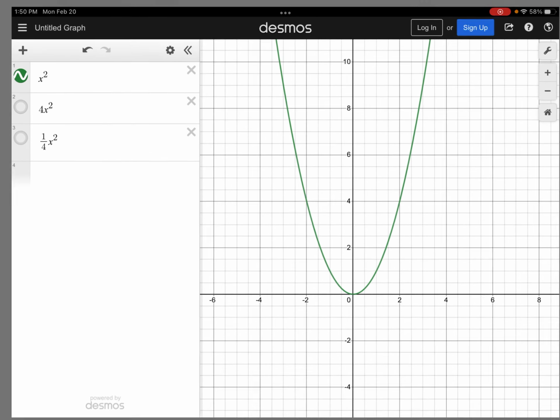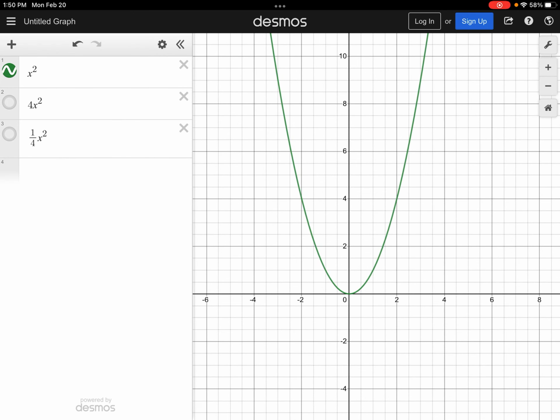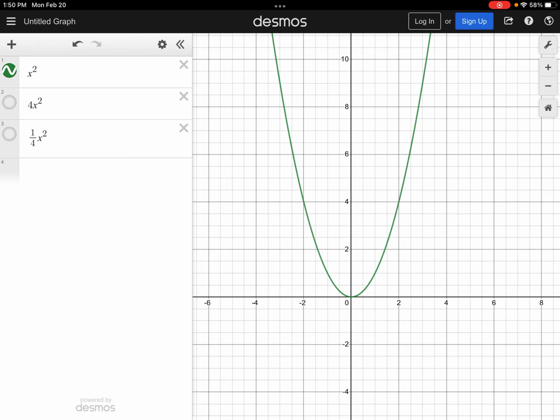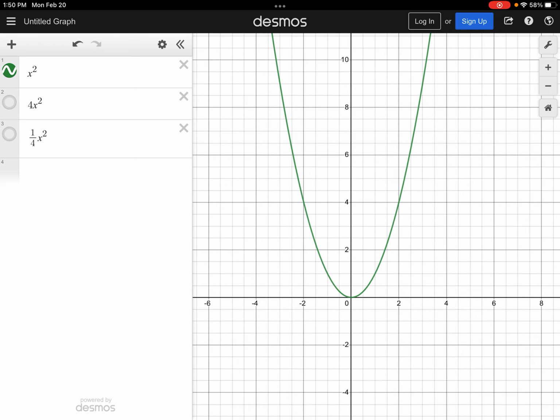So let's go ahead and click over to Desmos and let's see what happens. So we have x squared here. This is the graph of x squared, and it's in green. So I'm going to click on this 4x squared. And what I notice is that this purple graph for 4x squared is located inside of the green graph.